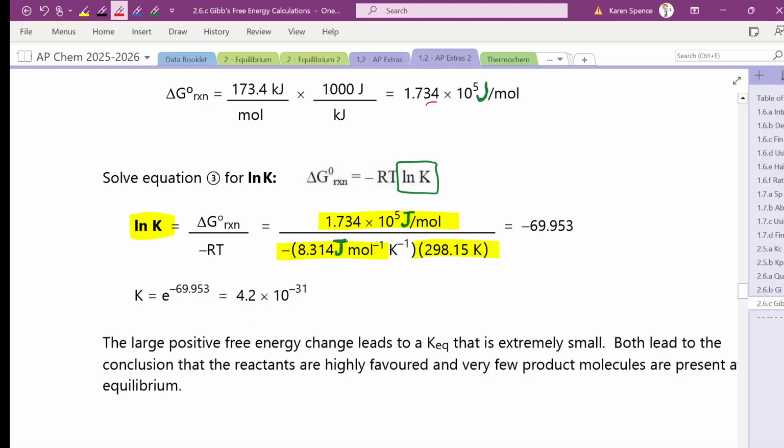I don't know why I went to 2 sig figs. That sounds wrong. Let's change that to 3 sig figs. Okay, so we got negative 69.953. And then I want to E to the X. There we go. 4.17 times 10 to the negative 31.